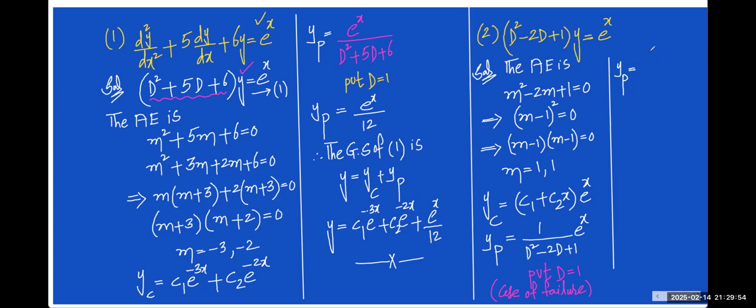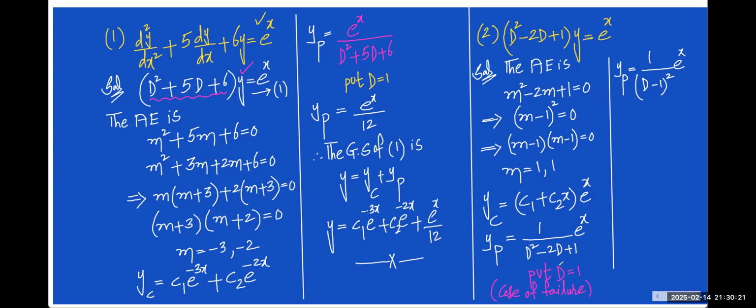The dealing of this method is 1 by d square minus 2d plus 1. Can I write it like this: 1 by (d minus 1) whole square into e power x? Can we write? Yes, sir. d square minus 2d plus 1 can be written as (d minus 1) whole square into e power x. Look at that. If I am replacing the d value again as 1, the denominator will become 0.